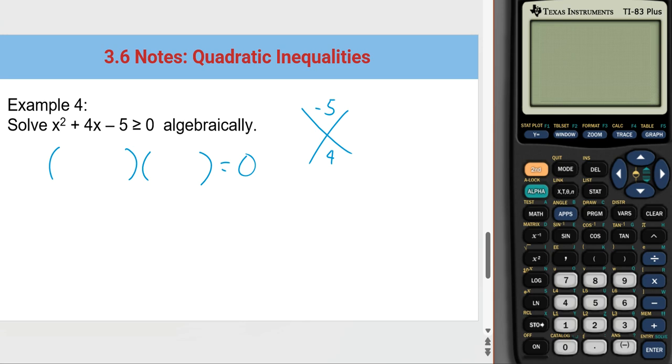So this would be negative 1 and 5. Negative 1 times 5 is negative 5. Negative 1 plus 5 is positive 4. So I'm going to have x minus 1, x plus 5. Right? I'm going to split these.